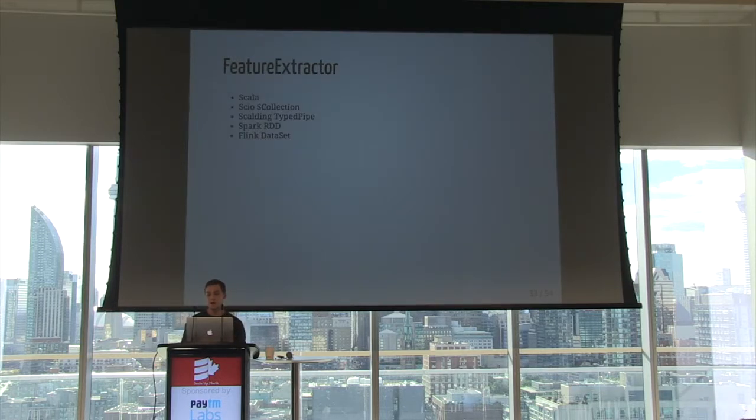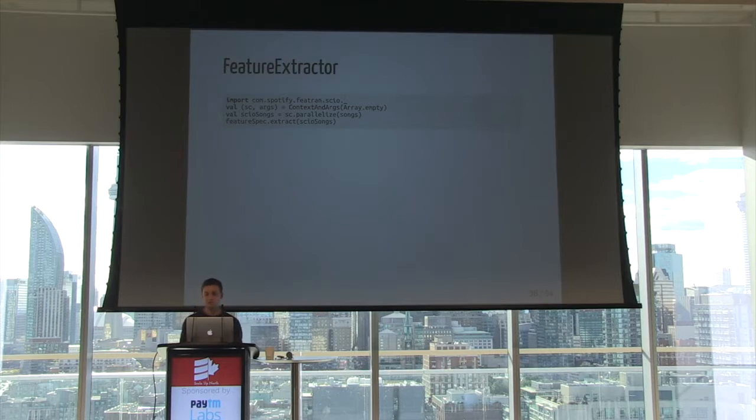Out of the box, Featran provides implementations for Scala collections, Scio's SCollection, Scalding, Spark RDD, Flink, whatever. And again, it's extensible to other frameworks too, as long as you can provide a collection type implementation. Just to show you what it looks like to use from a Scio pipeline, and something Idris mentioned yesterday is that Scio is heavily influenced by Spark, so if you're familiar with Spark, this might look familiar.